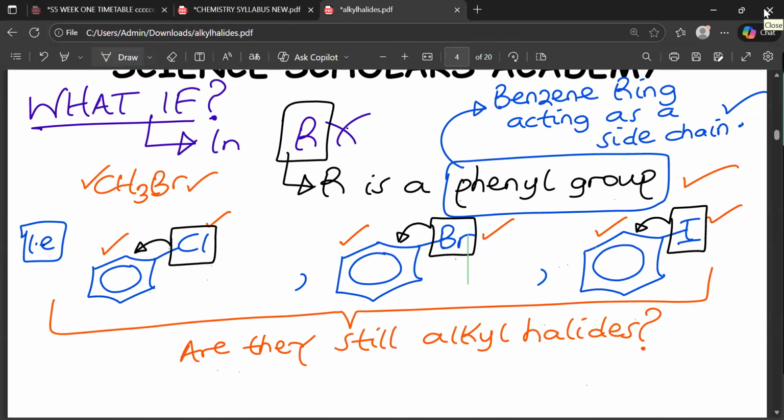Let me see what people are saying in the chat. They are saying no. I've said when you say no, you tell me what it is. When you say yes, it is okay. I'm asking, if the R becomes a benzene ring, what we call a phenyl group, and I've told you the nomenclature, the common names and the IUPAC names, I've told you both. I told you I speak more than I write, so you are supposed to listen carefully and write at a very high speed.